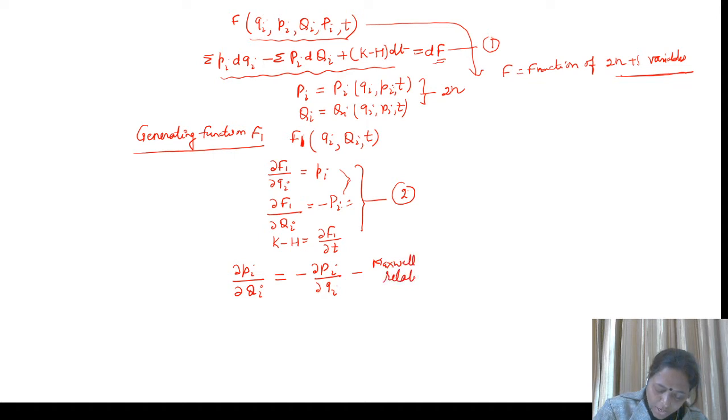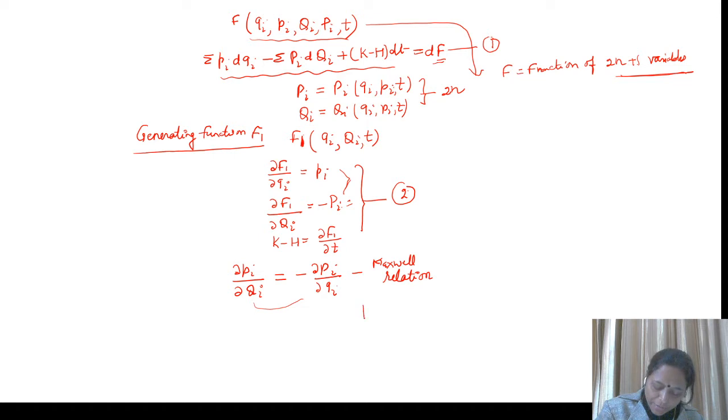So if in any situation you are given transformation equations, then you can check for this type of relation to be satisfied if those transformation equations are canonical. So this is one way to show that the equations of transformations are canonical.